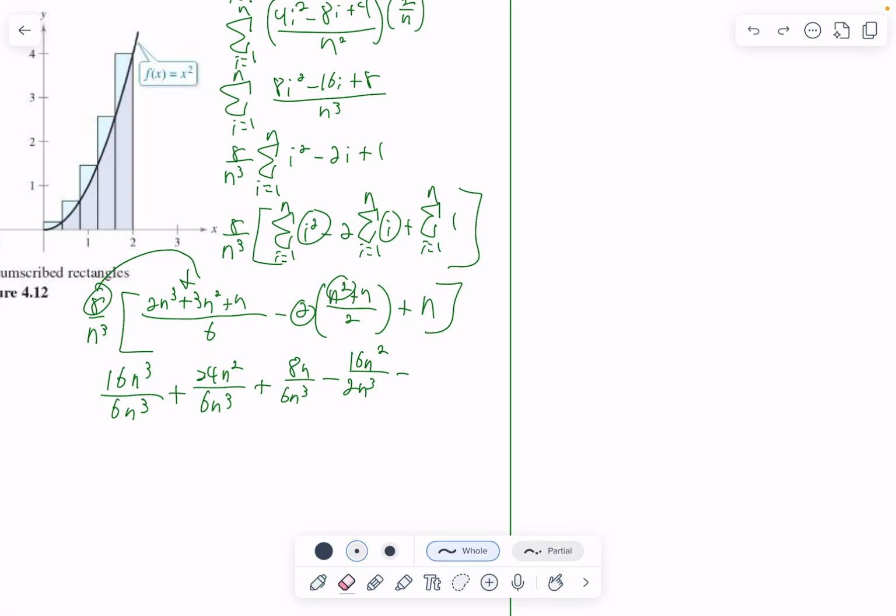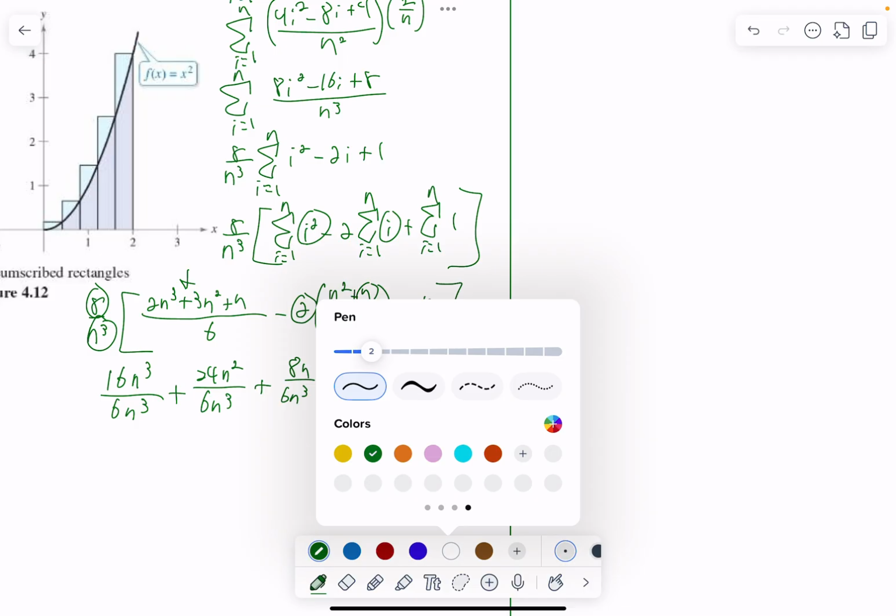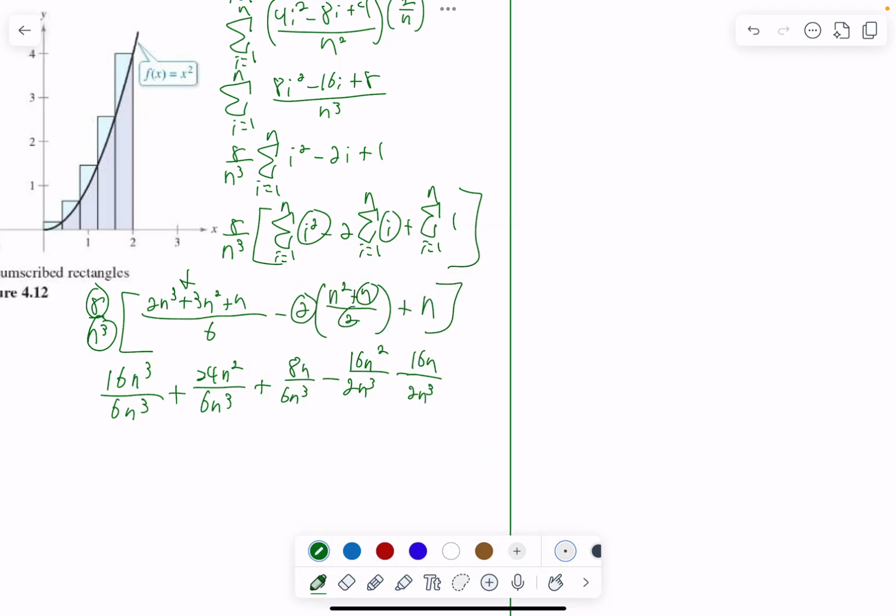Let me erase this a little bit so maybe you can see a little better. 8 times 2 times n is 16n over n cubed times 2, which is 2n cubed. And then 8 over n cubed times n would be plus 8n over n cubed.